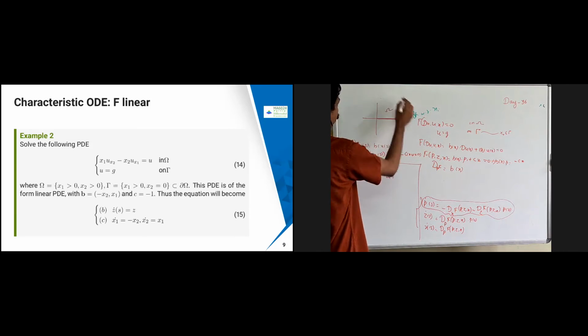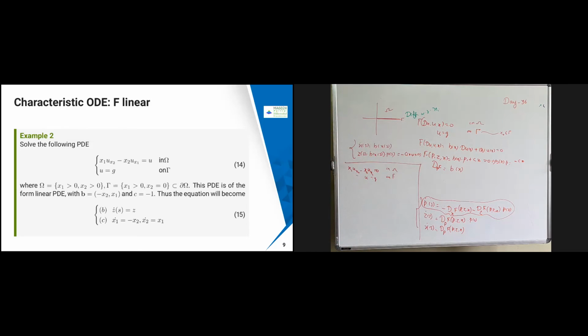Only this portion. For this problem, we already know that this is a linear PDE.